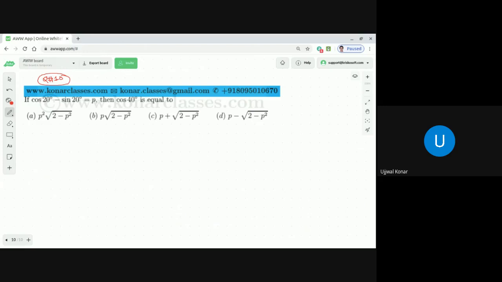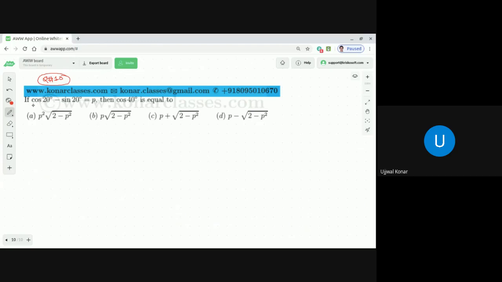Correct. Anyway, so let's start doing it.